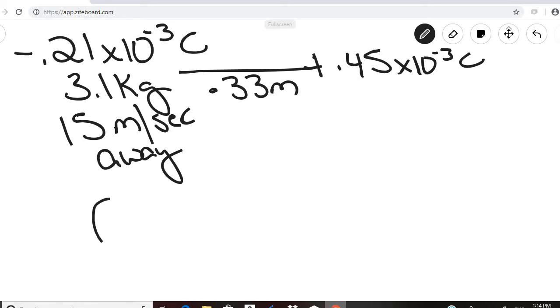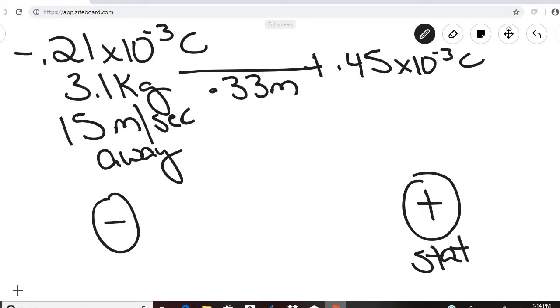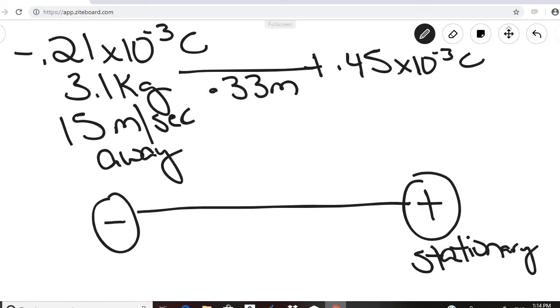Okay, so let's think about this. We have a negative charge here, and we have a positive charge here. This is the stationary charge. They're going to be attracted to each other, and they are 0.33 meters apart. So the negative charge would move toward the positive stationary charge.